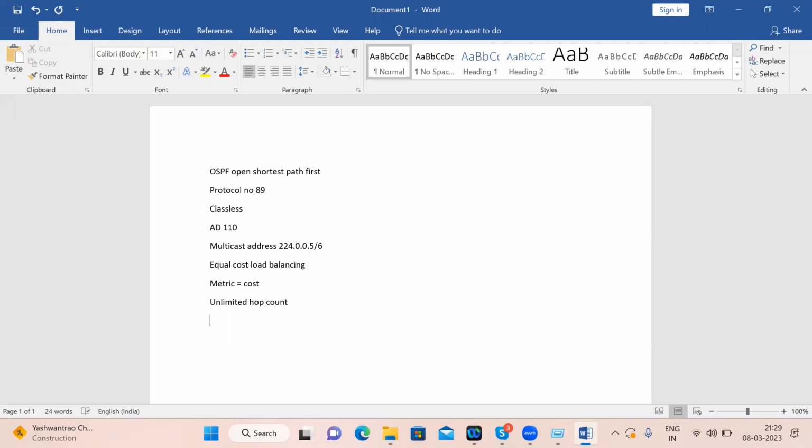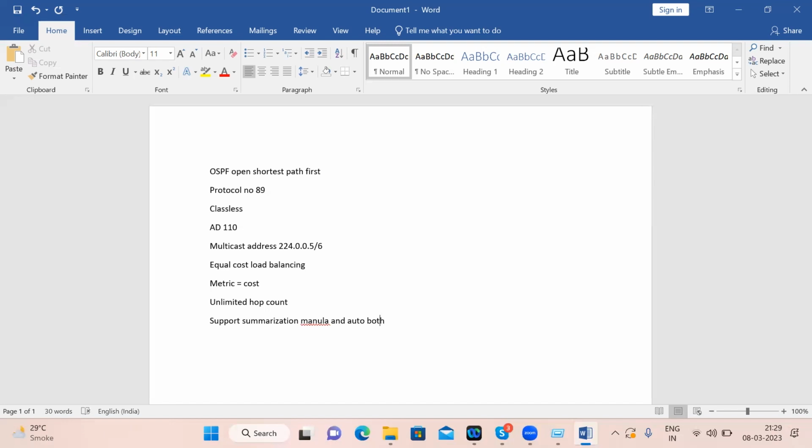Next. Tell me fast. Support summarization. Manual and auto both.